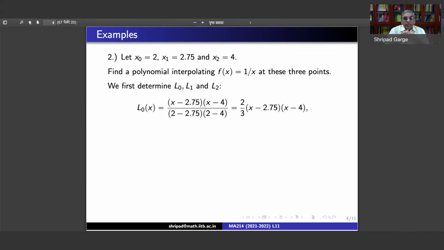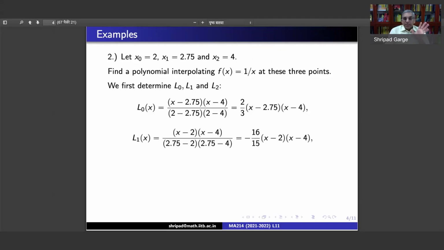So L0 is something which has to be 0 on x1 and x2, but it should take value 1 on x0. So it will be x minus 2.75 into x minus 4 upon something, and ultimately the answer is 2 by 3 into the product of these polynomials. This is a quadratic polynomial L0. Similarly, L1 is a quadratic polynomial and L2 is a quadratic polynomial.